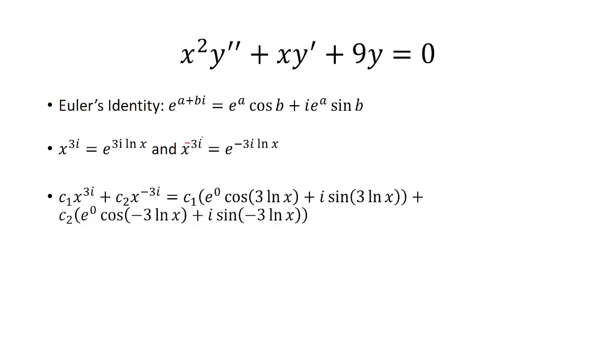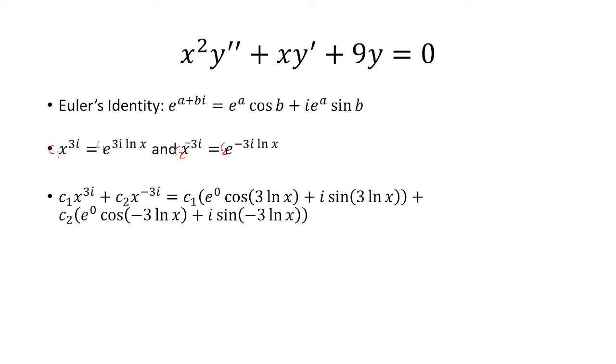Okay, so we just plug it in. Don't forget the c1. I didn't do it for this step right here, but technically there was a c1 originally and a c2. And then we have c1 x to the 3i plus c2 x to the negative 3i.